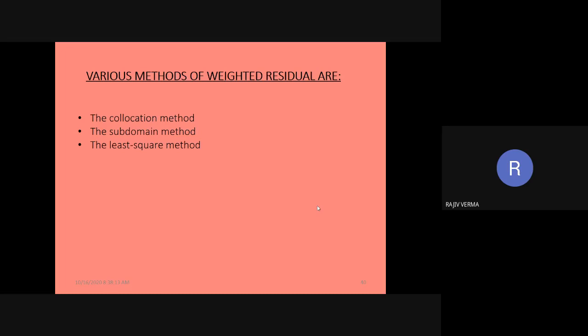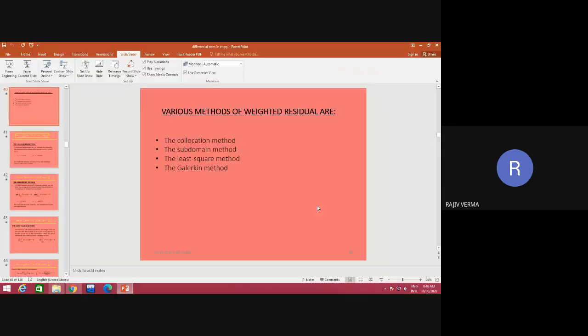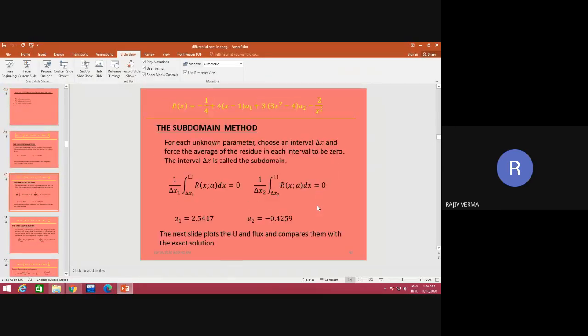And once we actually reduce the second order term to the equivalent first order term, how things are going to be managed will be clear. Since we have already discussed the collocation, subdomain and least square methods in the earlier classes, that is yesterday, we move forward to the Galerkin method now.